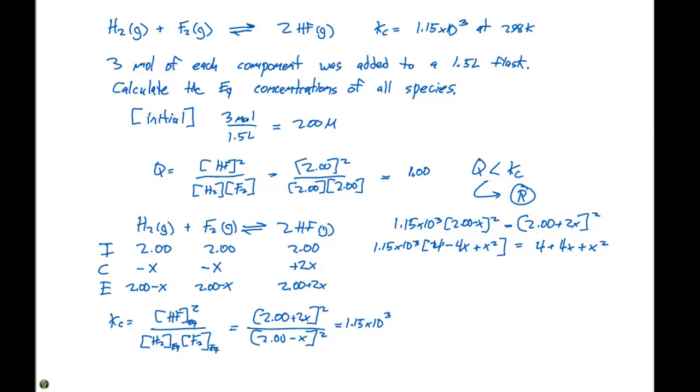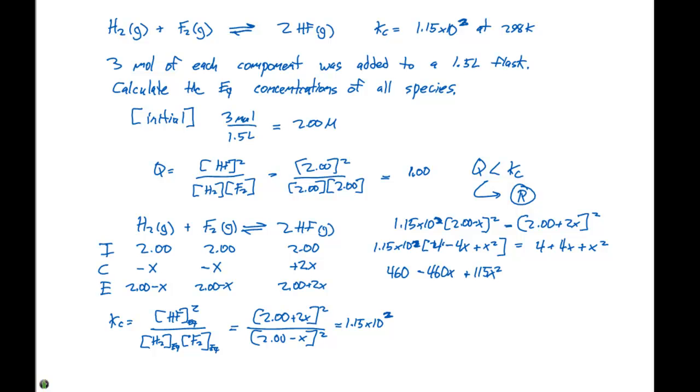Okay? And now that I'm looking at my notes here, I'm seeing this should actually be 1.15 times 10 to the second. So I'm going to fix that everywhere that I have 1.15 times 10 to the third here. Sorry about that, but that's going to cause the numbers to work out a little bit more nicely. So if we have 1.15 times 10 to the second times the quantity 4 minus 4x plus x squared equals 4 plus 4x plus x squared, and we distribute all of this out, we're going to get 460 minus 460x plus 115x squared.